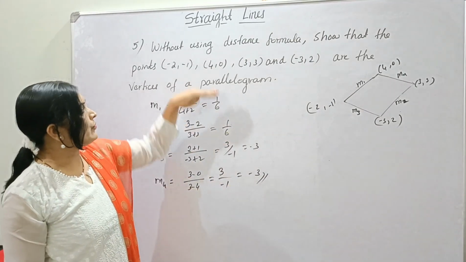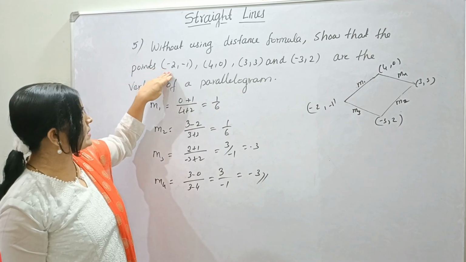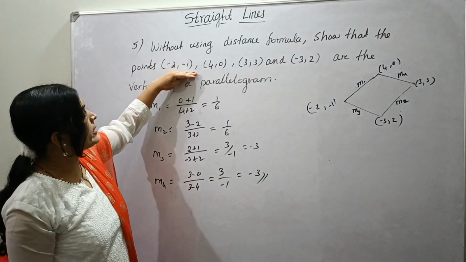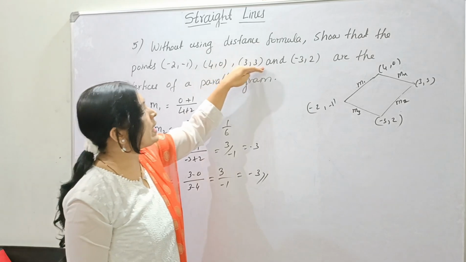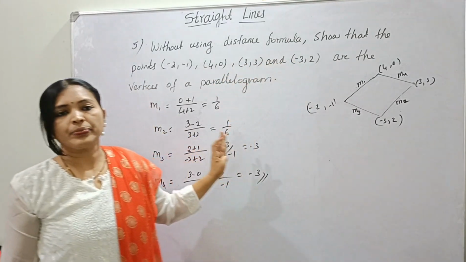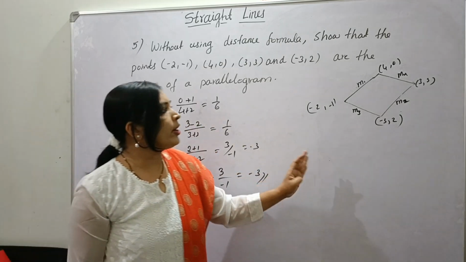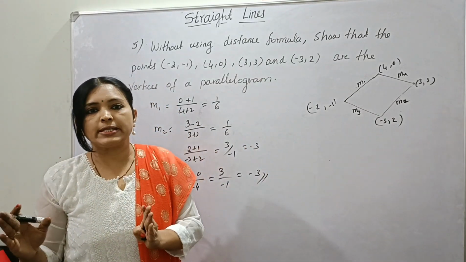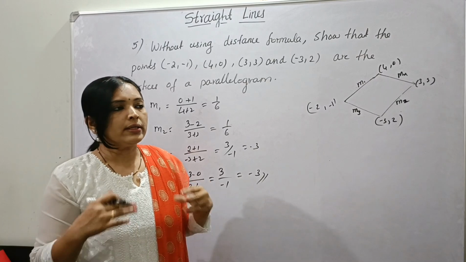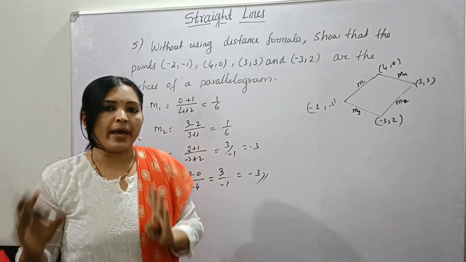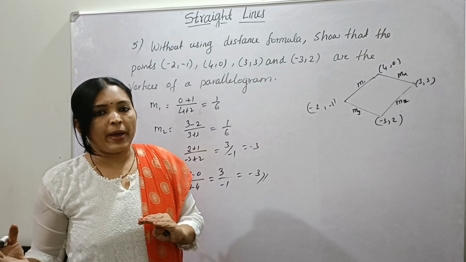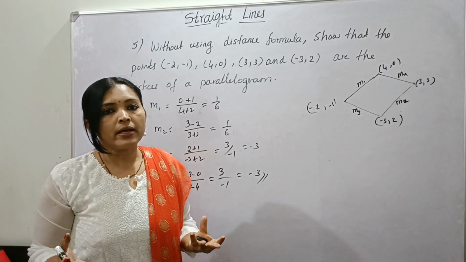Now we can say the given points, that is vertices, -2, -1, 4, 0, 3, 3 and 3, 2 are vertices of a parallelogram. Why? Because we have got slopes of opposite sides equal. That means opposite sides are parallel. If opposite sides are parallel, then we say that it is a parallelogram.